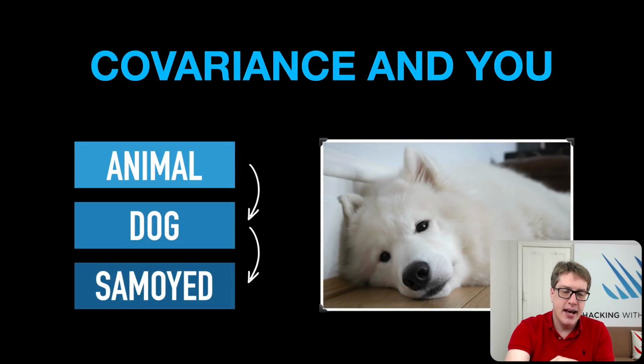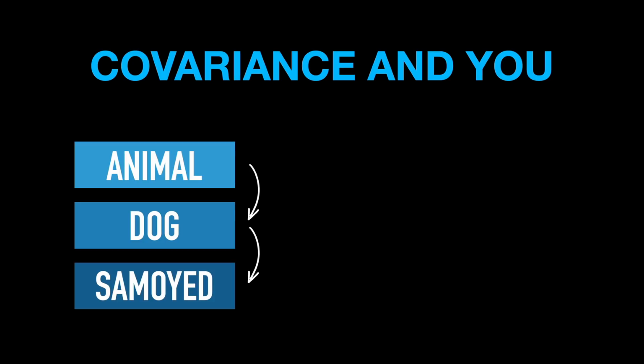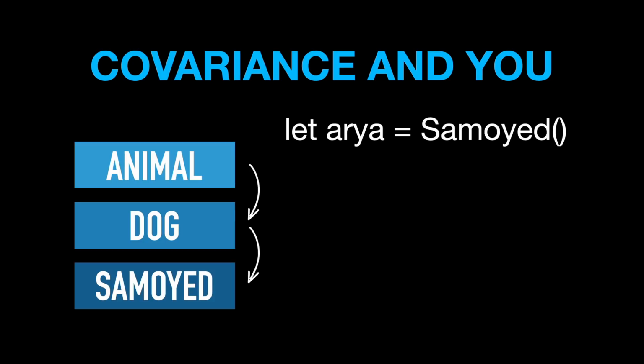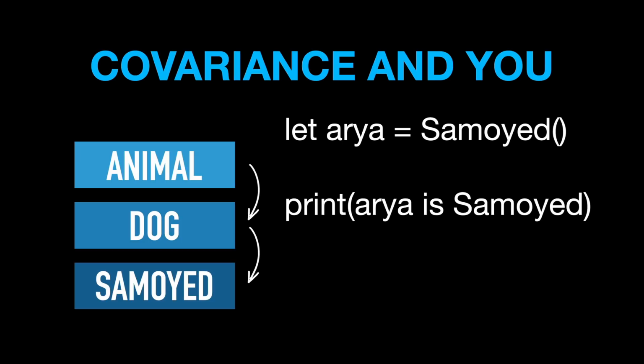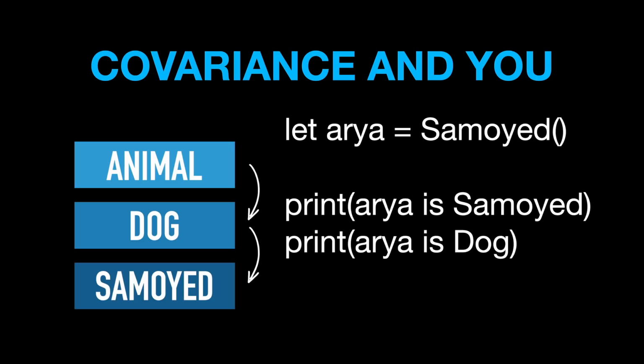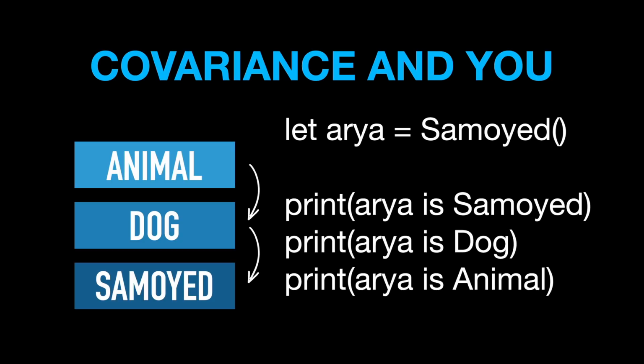Anyway, as a class hierarchy there, we can say that Aria is a Samoyed, and we know that is true. But covariance lets us say, is she a dog? Yes, she is. Is she an animal? Yes, she is. And we can even go super vague here. Is she Any? Yes, she is. Is she anything at all? Yes, she obviously is. That's covariance, and it's brilliant.